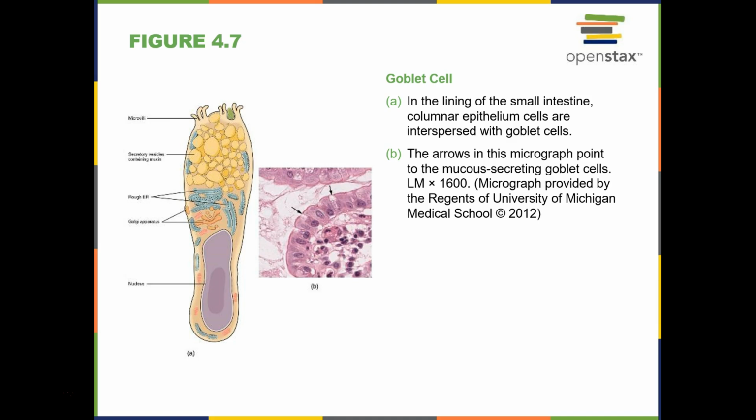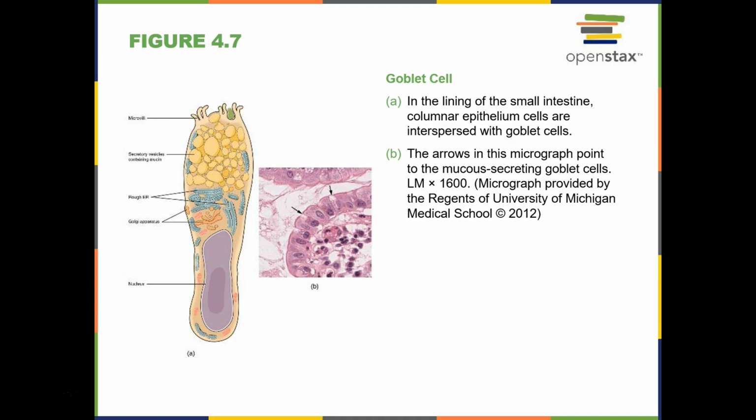And so mucus is secreted, and most of these cells have cilia associated with it, or they might have microvilli associated with it. And then the cilia will move that mucus towards or away from some opening.